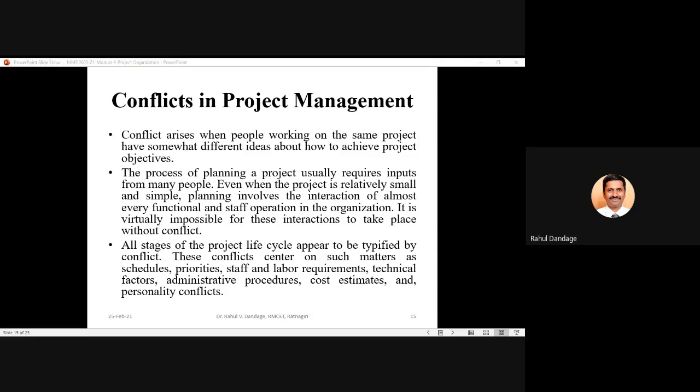And then personality conflicts. There is no particular source, reason, or remedy for these personality conflicts. Everybody is a different personality.